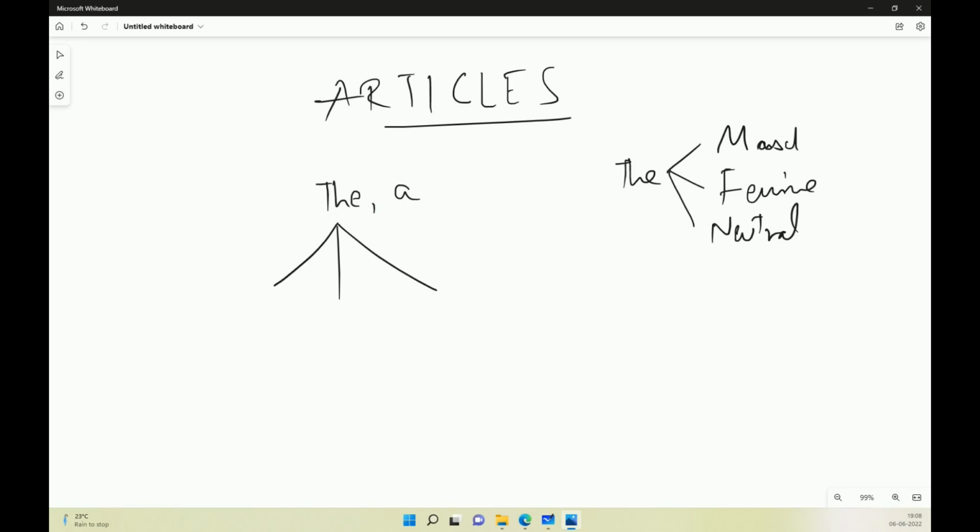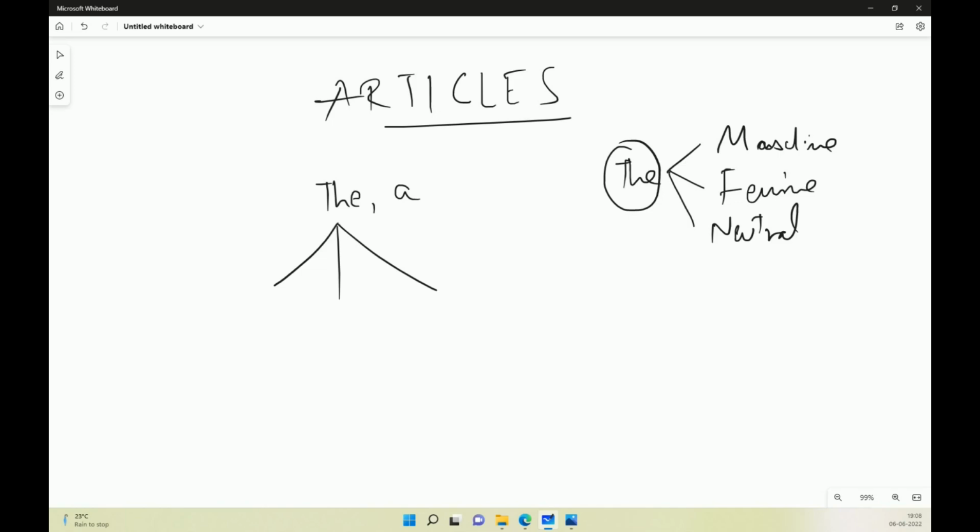So I was talking about the articles. Normally in English, we have the, which corresponds to all types of genders: masculine, feminine, and neutral. However, in German, these articles are different for every noun, for every gender.